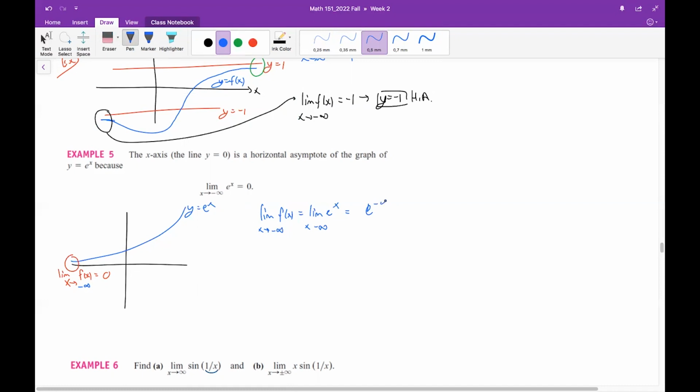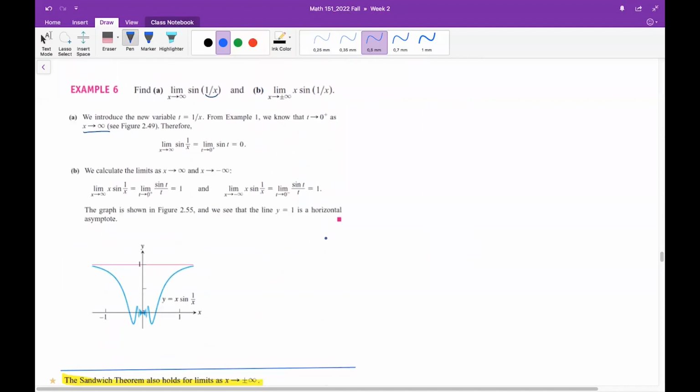This is e to the power minus infinity, 1 over e to the power infinity. So it is kind of 1 over infinity, which is 0. That's why now we will call this y equals 0 line, which is the x-axis, the horizontal asymptote of this function. Okay, so let me move on.